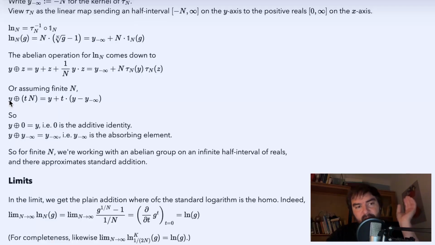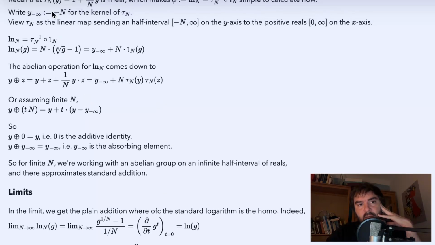So if t equals minus 1, then you add minus t, and then these y's cancel, and I'm left with minus n, right? Minus n. And so this is an absorbing element which you do not have in the real number addition.